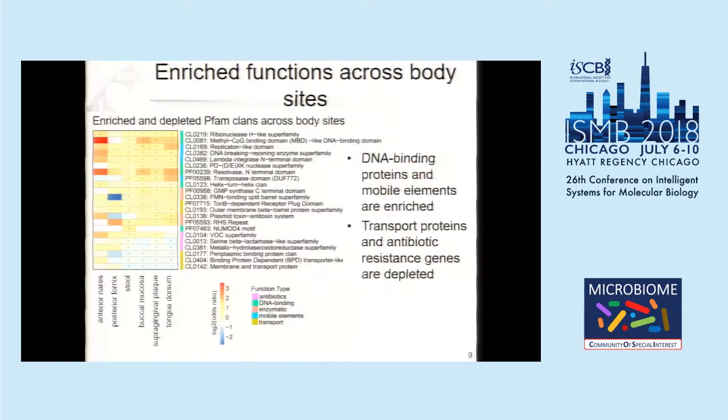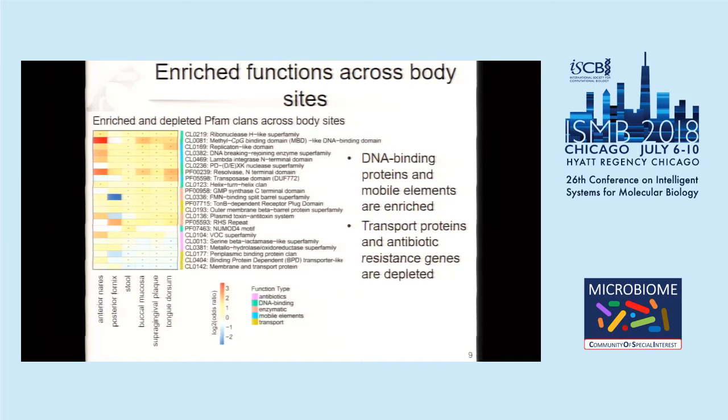So lastly, we went to look at function. Red and yellow here mean these functions were enriched in contigs with lateral gene transfer, while blue means they were depleted. Most of these in the green and blue are DNA binding proteins or mobile elements, like transposases and resolvases.